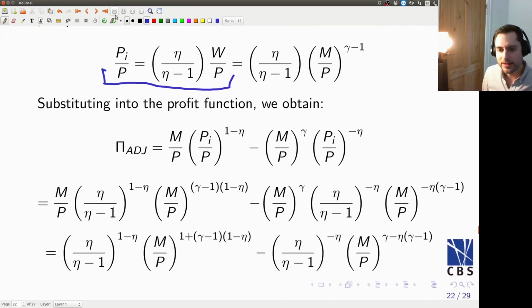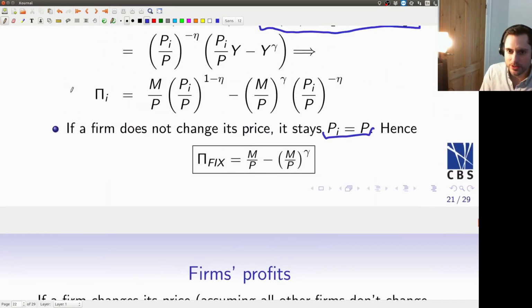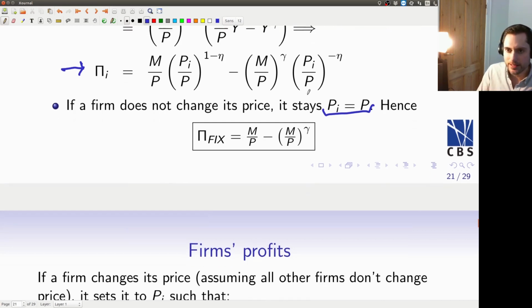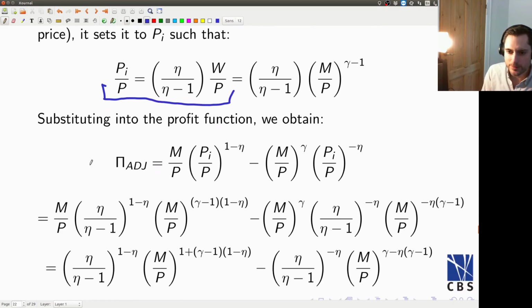Now let's substitute that into the profit function. You remember the profit function is the same as in the last slide, in fact. Just check out this equation here; we're just recopying it down below. It's the same as this one, except now we're going to substitute out this optimizing price.